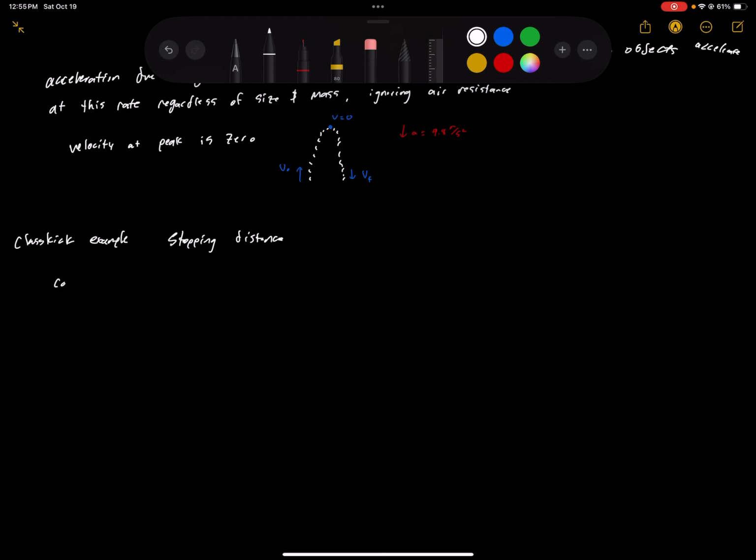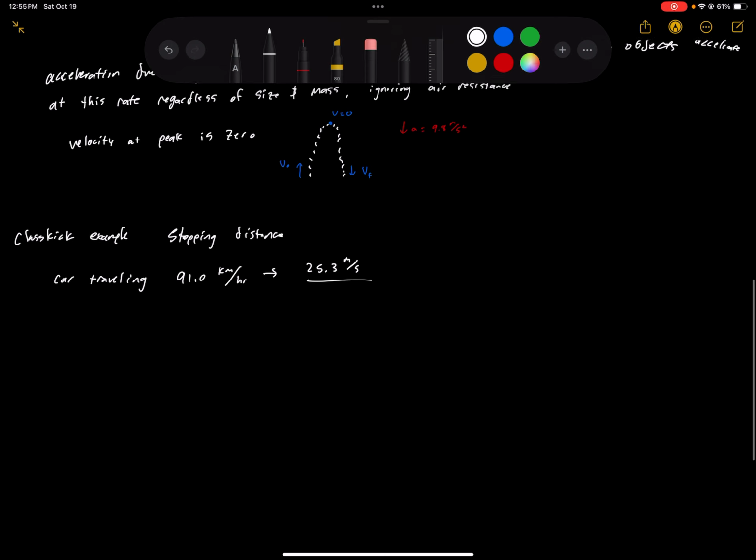So we had a car, and it's traveling at 91.0 kilometers per hour. If we convert that to meters per second, you just do dimensional analysis. You know there's 1,000 meters in a kilometer, and there's 3,600 seconds in an hour. So if you convert it to meters per second, you end up with 25.3 meters per second.